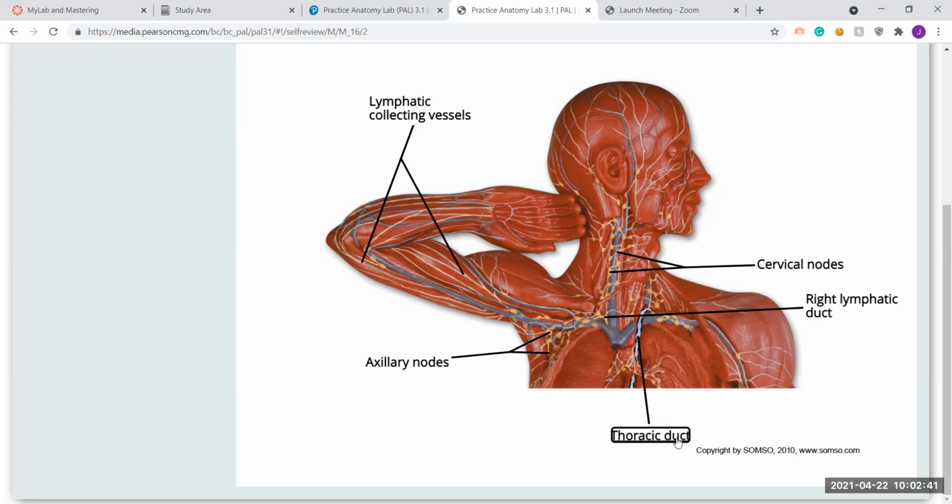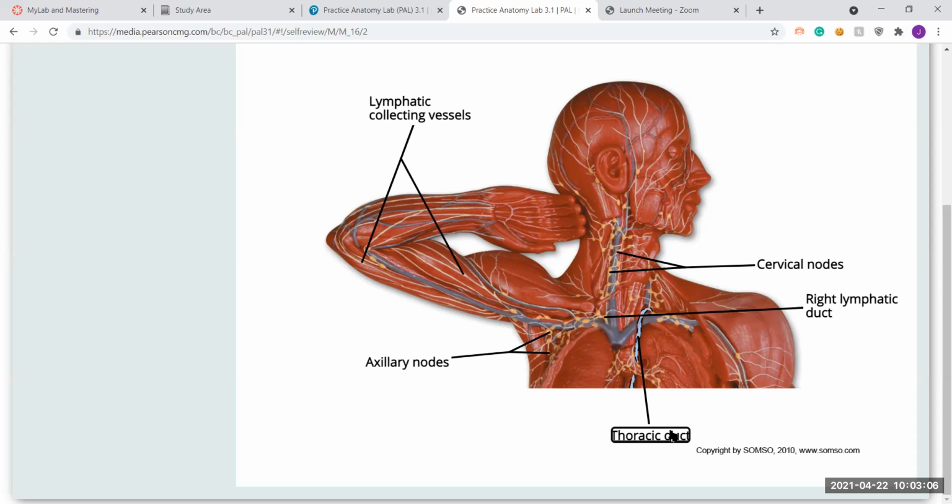From the lower part of the body, the thoracic duct brings the lymph and drains it. The thoracic duct drains the lower part and the left half of the body. Let me explain here.